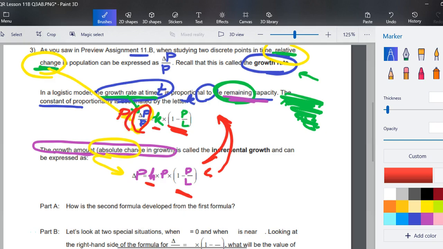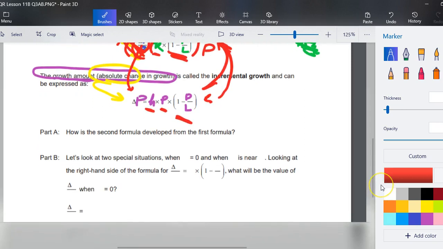So if I multiply this side by P and multiply this side by P, these would reduce to become 1, and my delta P would go here. So we just multiplied both sides by P to isolate the change in P, which is delta P.